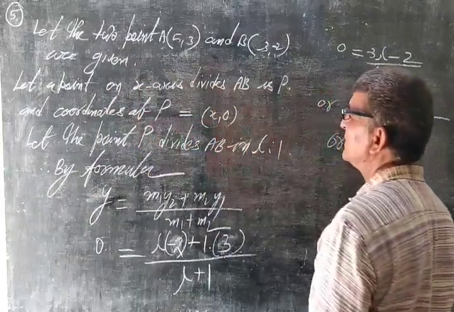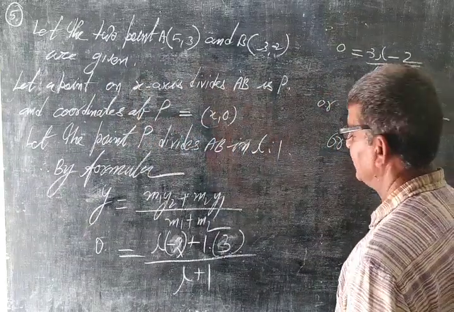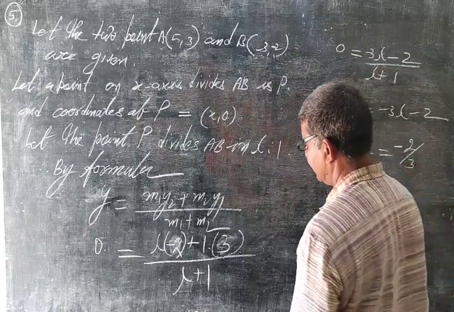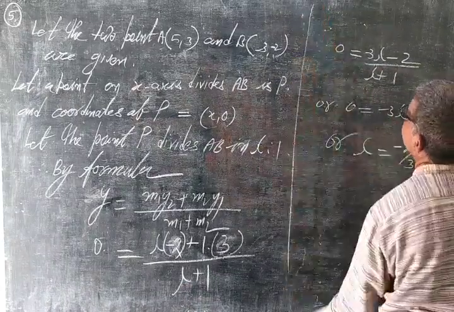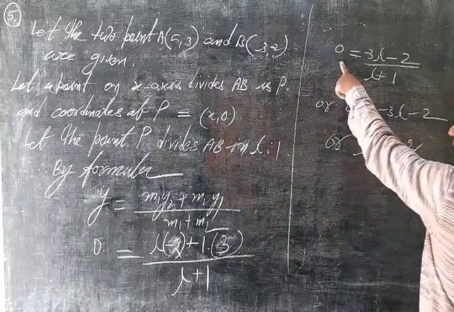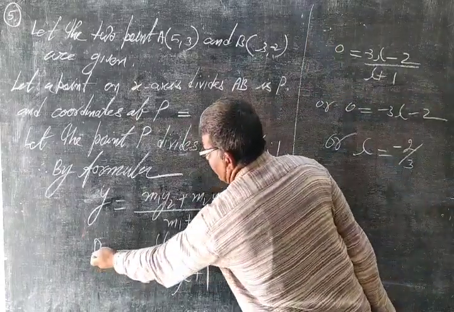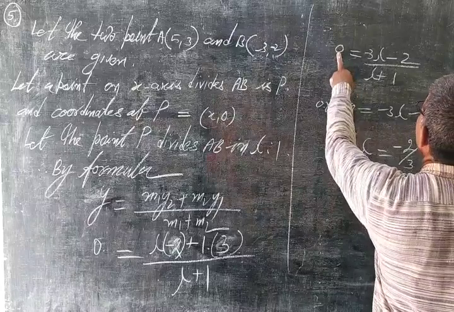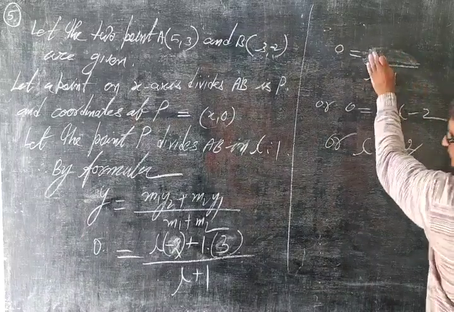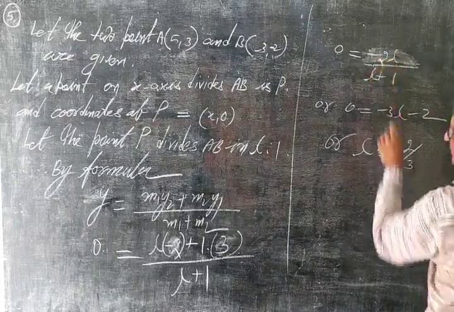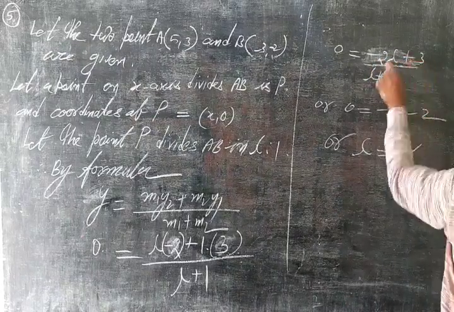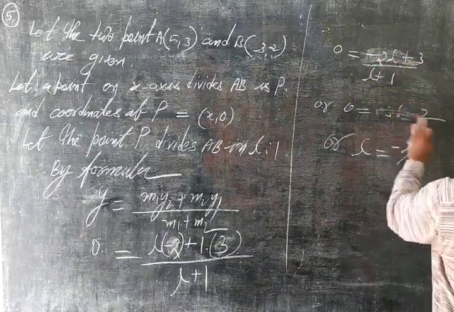I have written wrong, which I have corrected. Now it is correct, and this is lambda plus 1. And instead of y we put 0 equal to, we have to change this, minus 2 lambda plus 3 upon lambda plus 1.